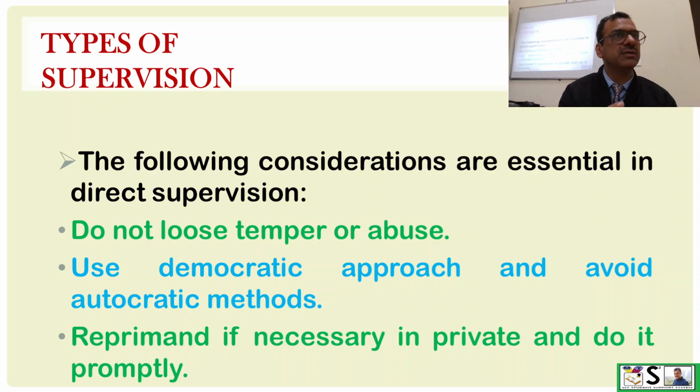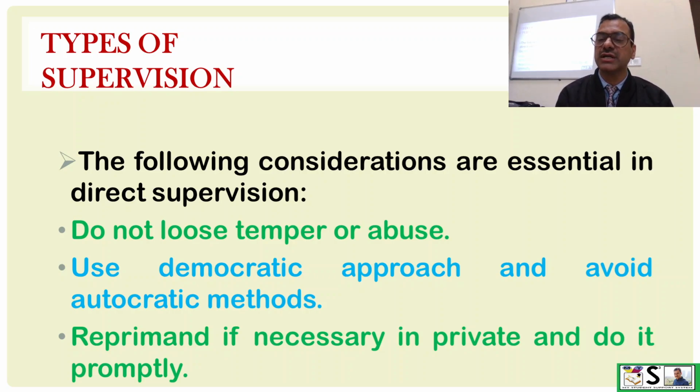So in front of them, we should never shout at the subordinates. If he or she is making a mistake, you can stop her, and later on you can tell what the problem was. You should not do this, but should not shout in front of the public. So do not lose temper or abuse.